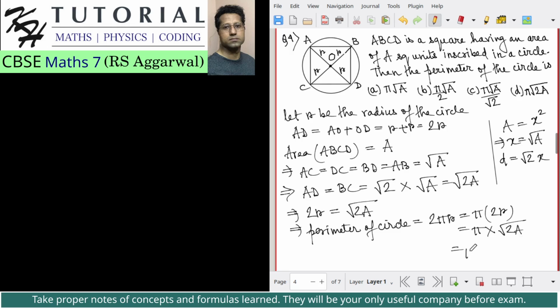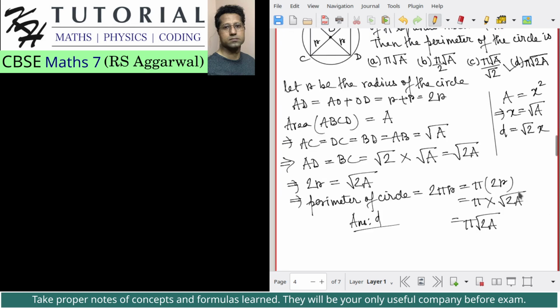So this is equal to pi into square root of 2A, the perimeter of the circle. So the choice is D. Answer is choice D. So remember that a square inscribed in a circle has the diagonal equal to the diameter of the circle. This is the basic concept.